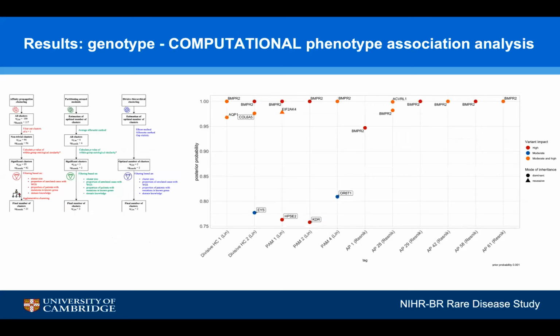Using computational phenotypes, we corroborated the previous association, which was the association between protein truncating variants in KDR and complex phenotype PAM2, which was characterized by low KCO and older age of onset. But we also picked up 4 new genes, among which the most promising is alpha-5 subunit of collagen 6, but also others that seem very plausible from functional perspective.